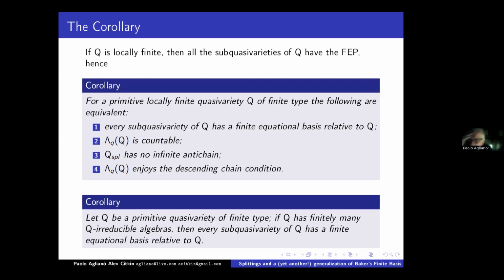primitive varieties of modules. For instance, you take a module over a Dedekind domain. Okay, you take the variety of modules over a Dedekind domain, and the quasi-variety generated by the Dedekind domain as a module over itself is primitive.